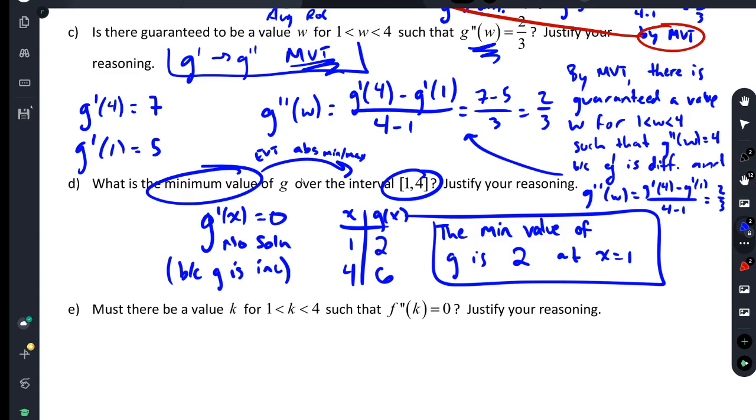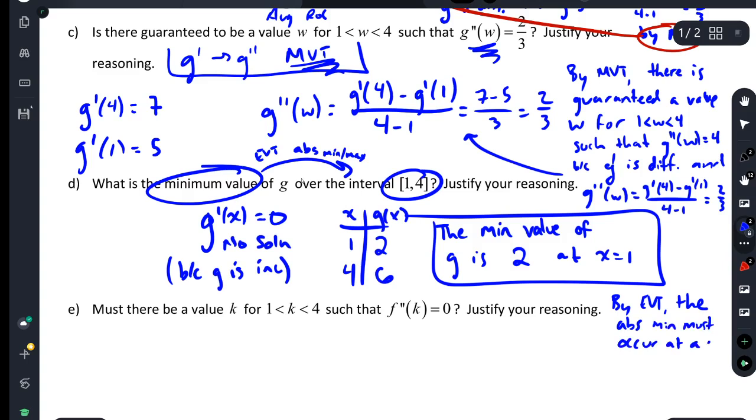This is the one theorem where you don't really need to state the theorem. Now, if you really, really wanted to on this one because it was a little different with the no solution, you'd kind of say something like, by EVT, the absolute min must occur at a critical point or an endpoint.